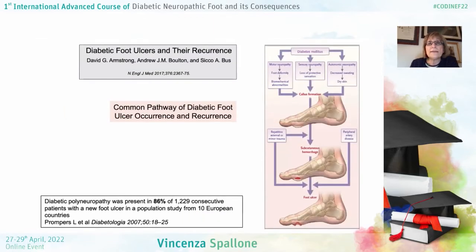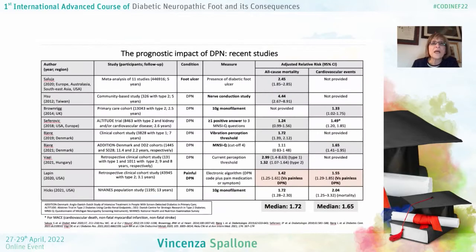And we know that diabetic polyneuropathy is the major predictor and determinant of foot ulceration, and is present in almost 90% of people with a first foot ulcer in a wide population in Europe.